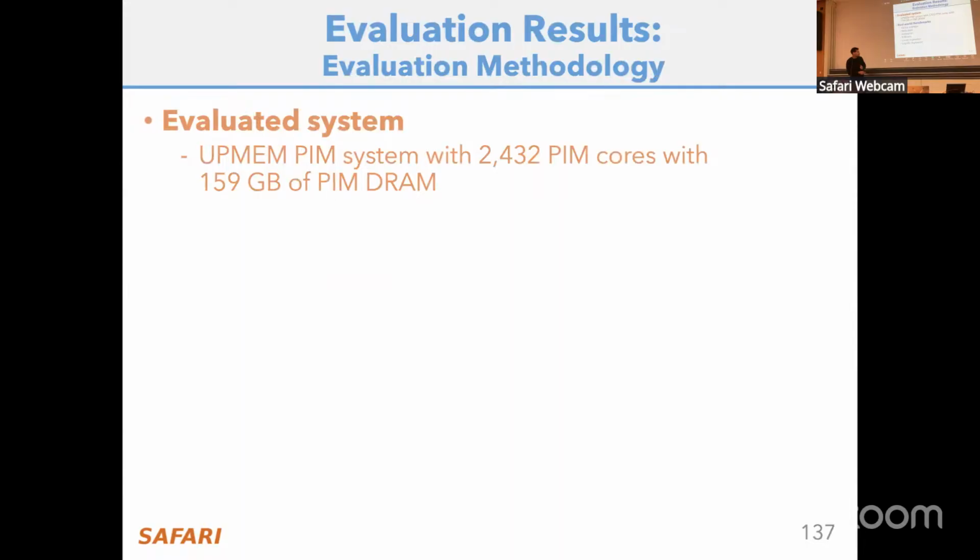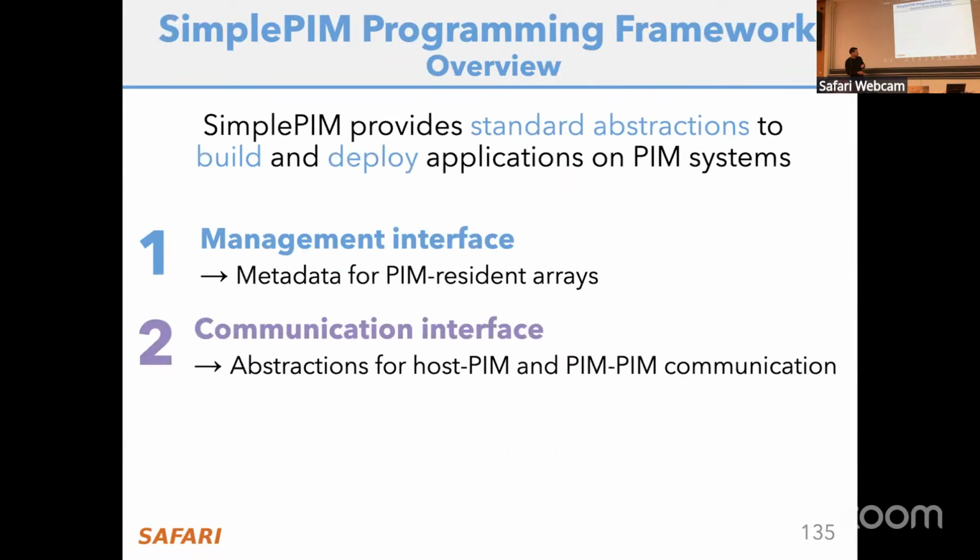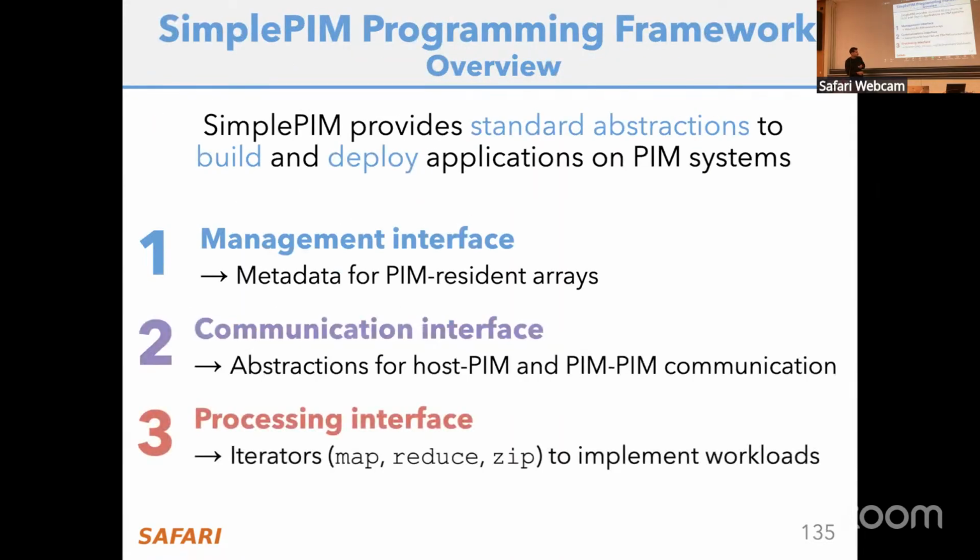You don't have to write the code, but you still need to identify those communication patterns and use those communication interfaces, and also manually manage computation or arrays that are going to be resident on the pin core itself. So there is still some degree of knowledge that the user needs to have of the underlying architecture to write code for the system.